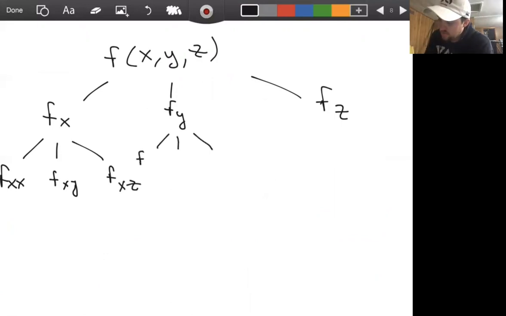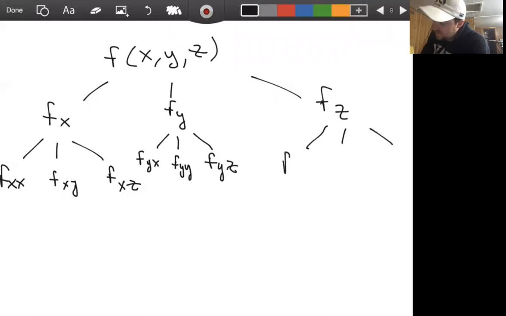And for the partial derivative with respect to y, you have the same thing. So this would be f sub yx, f sub yy, and then f sub yz. And then second order here would be f sub zx, f sub zy, and then f sub zz.